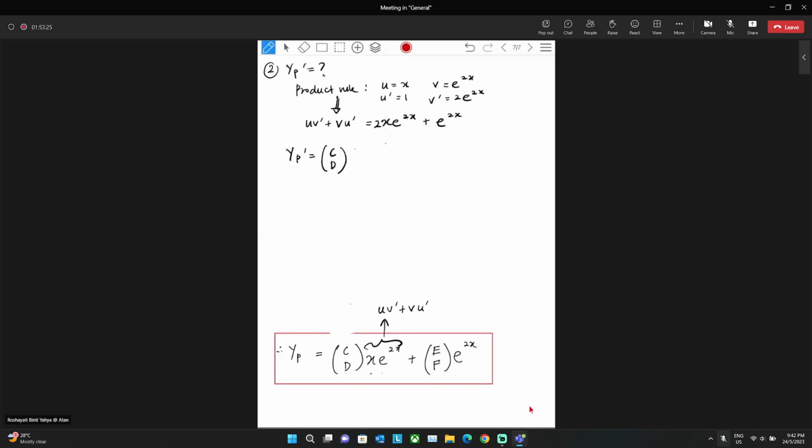So this becomes 2x exponential 2x plus exponential 2x, plus the EF here, exponential 2x. We differentiate exponential 2x, it becomes exponential 2x, and then differentiate 2x and put it in front.